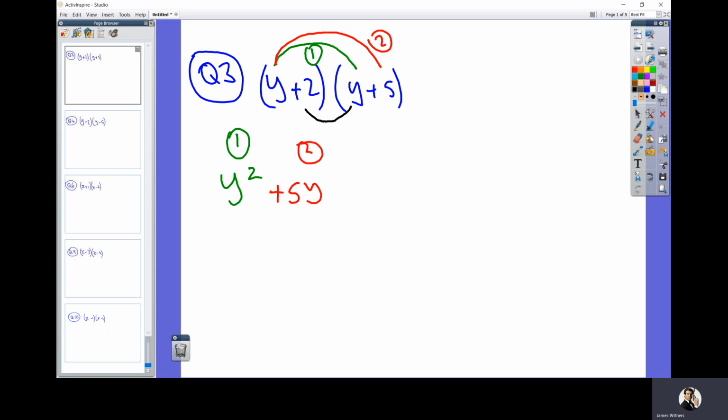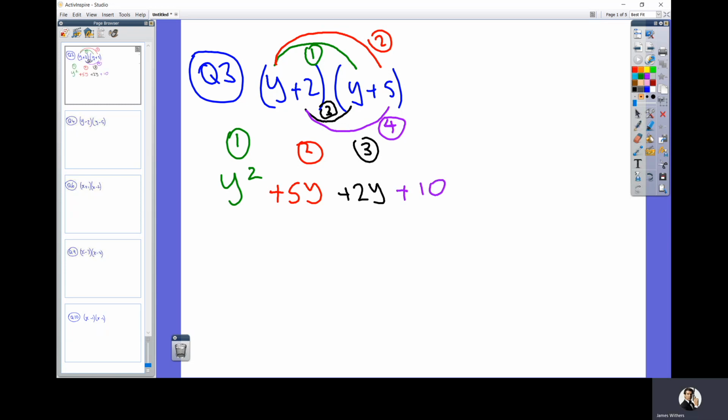So claw number 3 is going from the 2 to the Y, and 2 times Y is plus 2Y. And then finally, claw number 4 goes from the 2 to the 5, and 2 5s are 10, plus 10. So that's step 1.